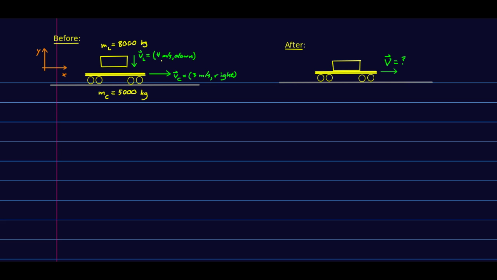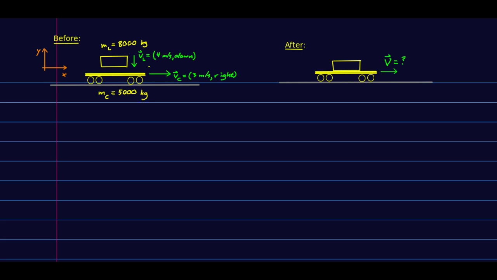If the load is dropped on and it's going that fast as it hits, probably a cable snapped or something. This is smashing into the flat car. Anyway, after some probably rather messy collision in which the load bounces around a bit on top of the flat car, they are now going to be moving together to the right at some speed that we would like to know.